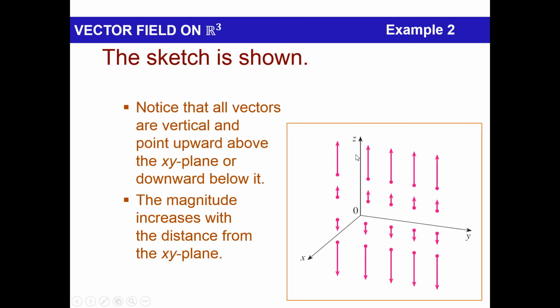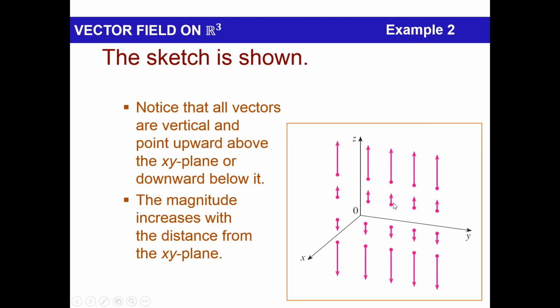Okay, so above xy plane its directions are upwards, and below xy plane its directions are downwards, because above xy plane z is positive, below xy plane z is negative. So when z is negative, direction is negative; when z is positive, direction is positive.